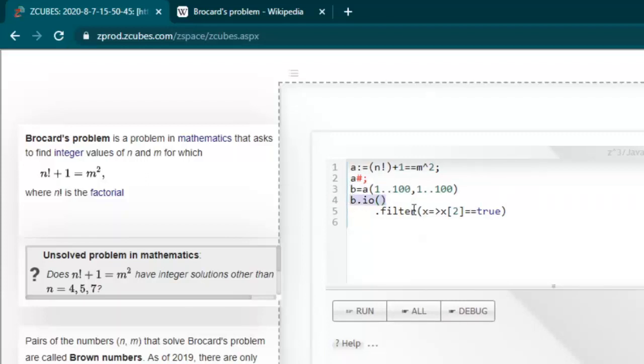Because these results have a certain structure, we do this .io to get it into a 3-column output now, so that n, m, and the output, whether it was actually true or false, would be listed in a 3-column matrix. And then we filter it to find each row in which the x2, which is the third column, is equal to true.